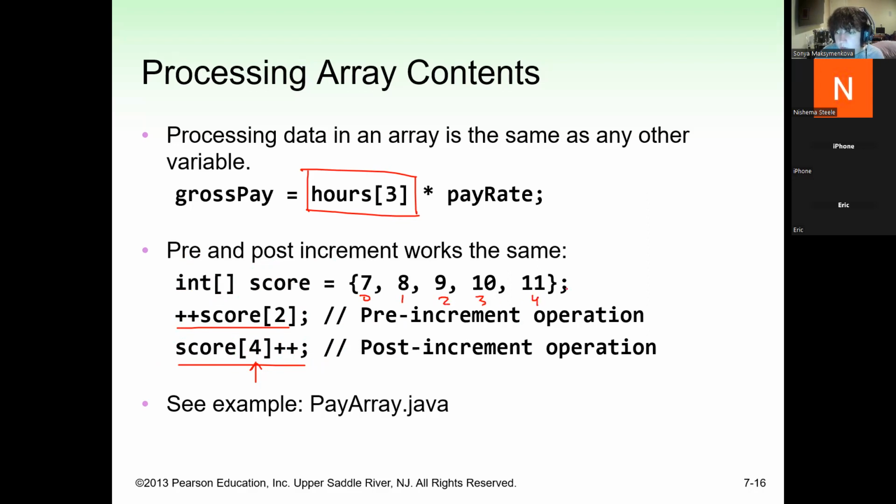So this will return as 11, and this operation will make it 12 because we add 1. Now this score 2, so let's look at where's our element number 2: 0, 1, 2. In this case it's 9, and we're adding 1, so this will return 10.